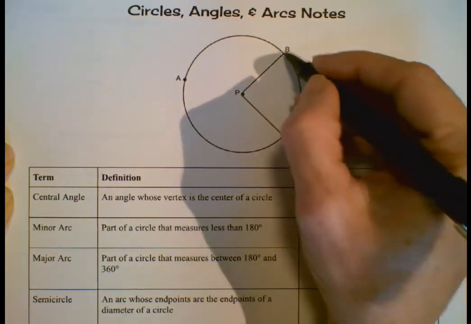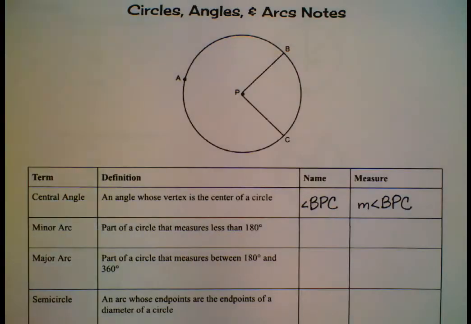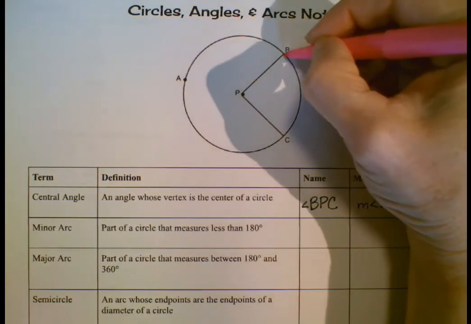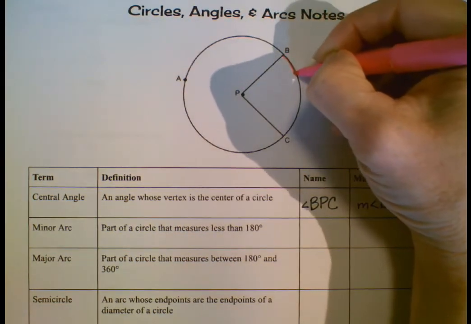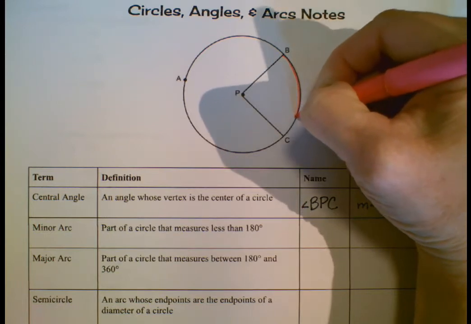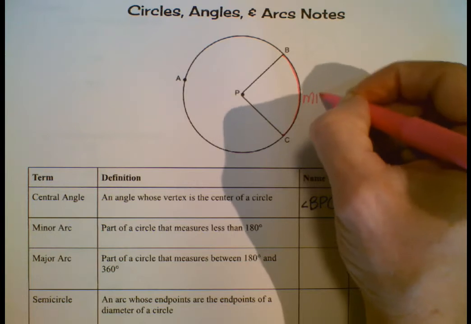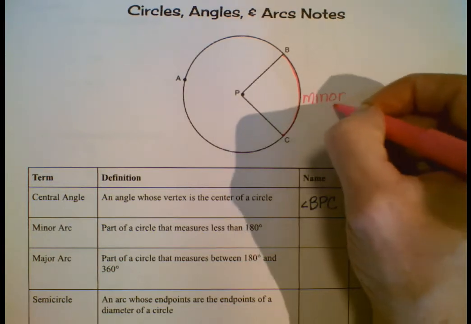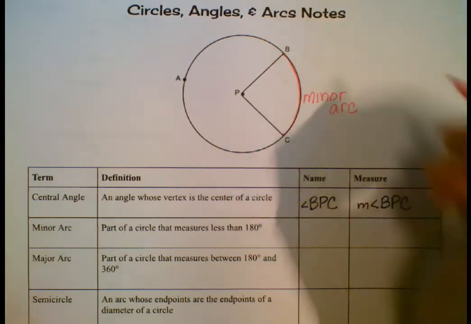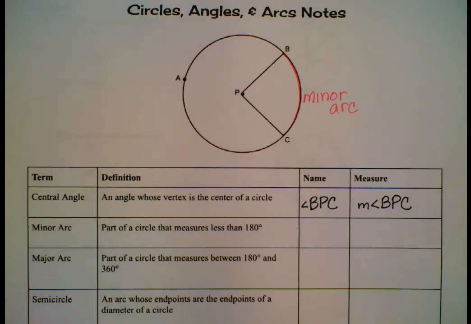So for that reason, the arc that connects points B and C is the portion of the circle inside that angle. Here, this arc is what we would refer to as a minor arc. Corresponds to an angle whose measure is less than 180 degrees.